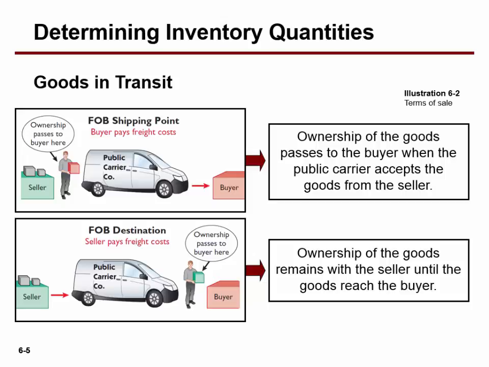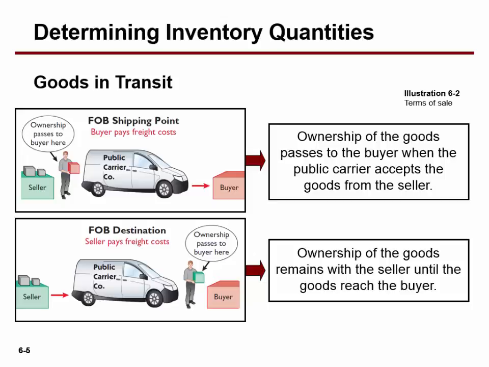So we wouldn't include those items in our inventory until January of the next year, right? The seller does not take a sale until we actually receive the goods. So that would be a sale in January, wouldn't it? And the freight that is paid by the seller is now going to be a selling expense. It's part of our operating expenses, right?